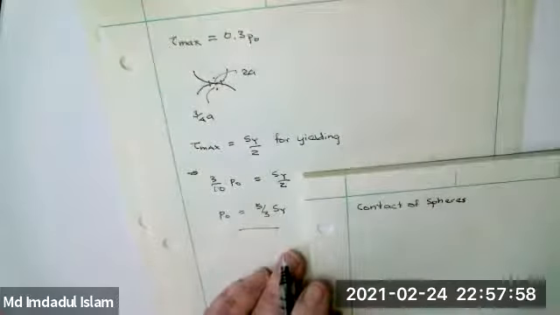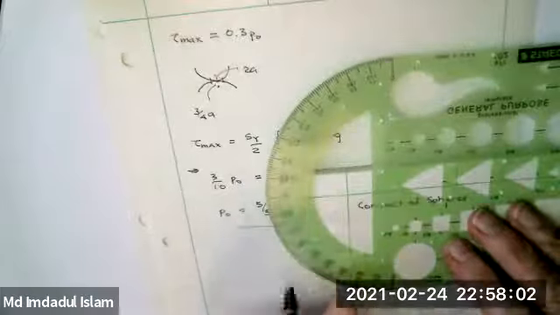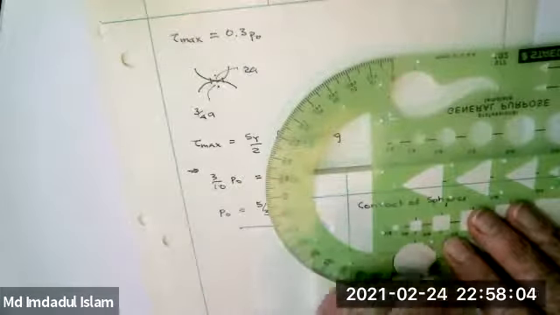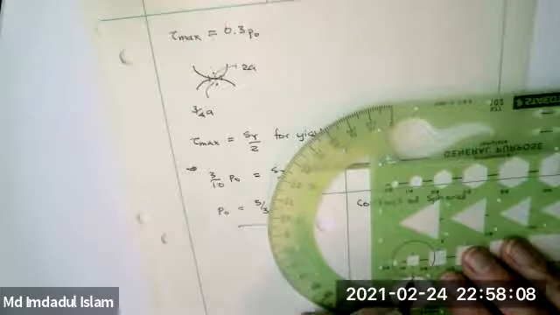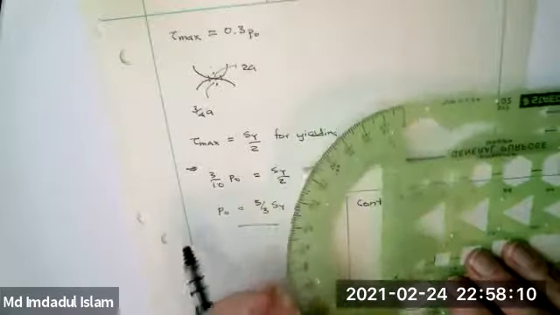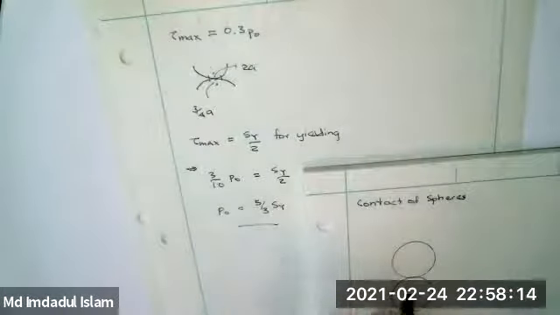Let me draw a better circle here. Now, these are no longer cross sections of rollers.